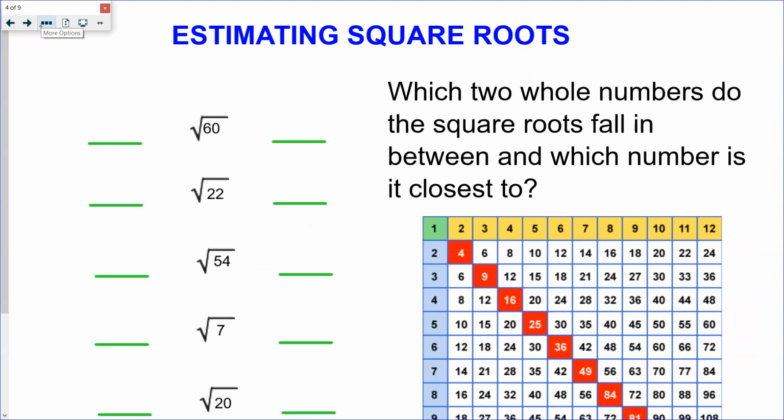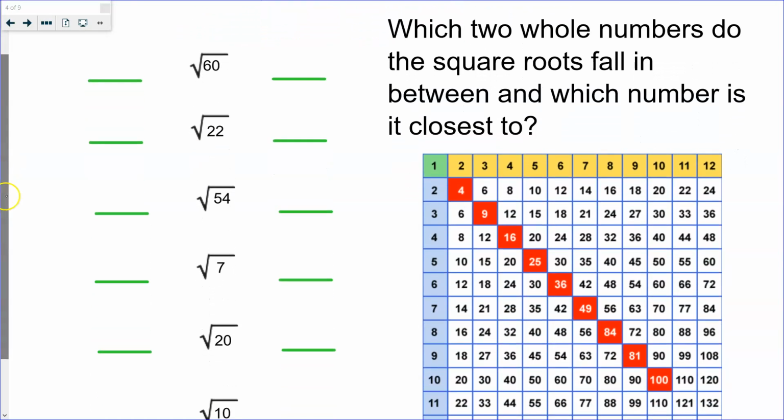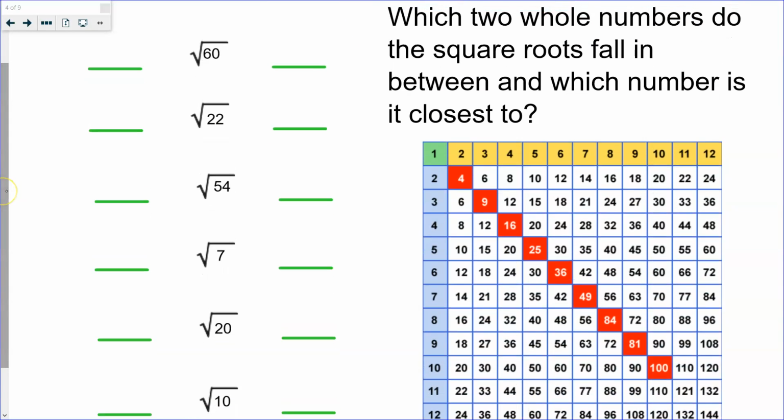All right, on this next page, we're going to decide what the whole numbers will be on either side of these square roots. So we're not doing the full process like the last page, we're just deciding on what falls in between. So square root of 60, I'm going to find here 49 and 84, we just did this one. So we know that it's 7 and 8.